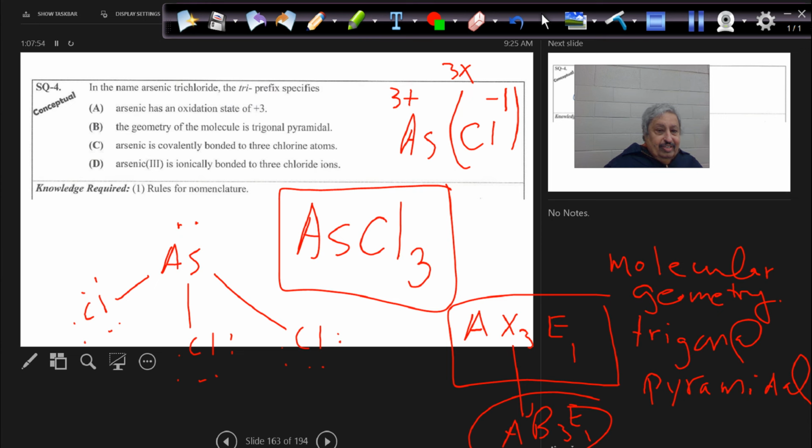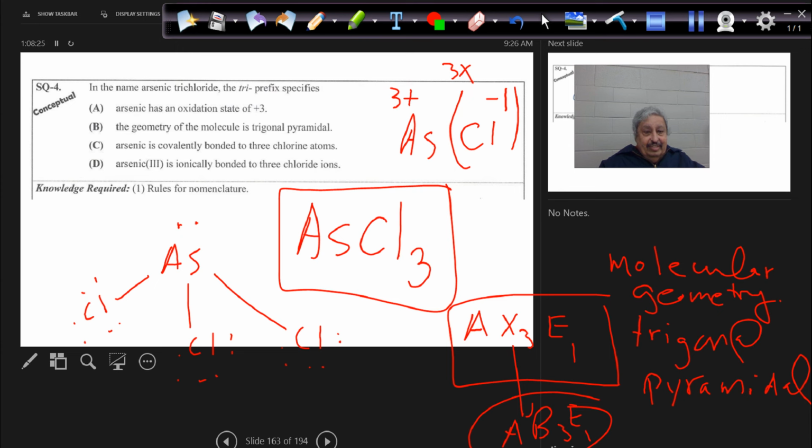Arsenic is covalently bonded to 3 chlorine atoms. Okay? The arsenic 3 is ionically bonded to 3 chloride ions. So which one is correct? Which one is correct?